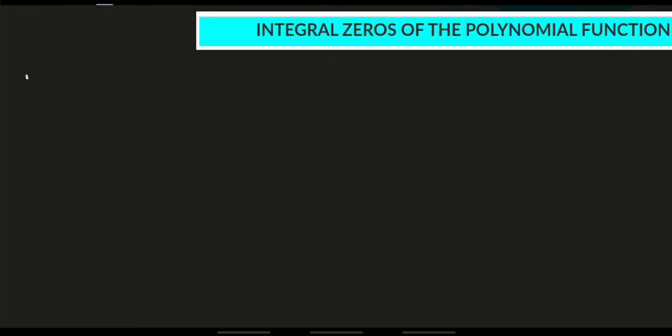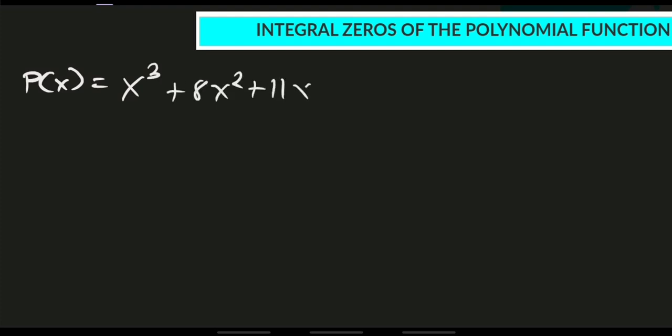Okay, let's say we have p of x equals x cubed plus 8x squared plus 11x minus 20. Right? Since we have this given problem, again, for step number 1 we need to list down all of the possible integral zeros.